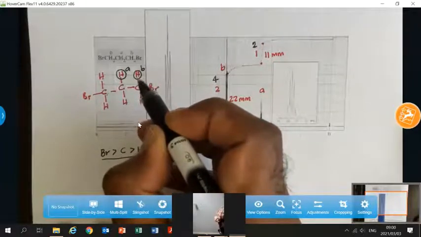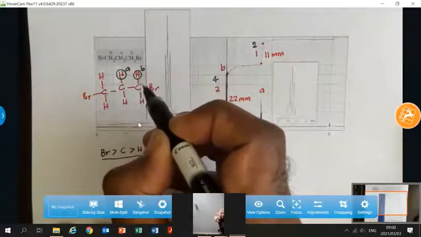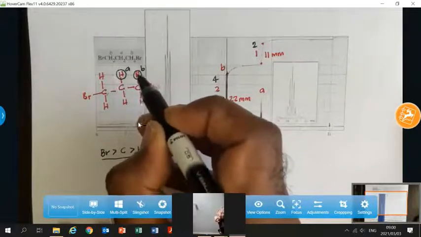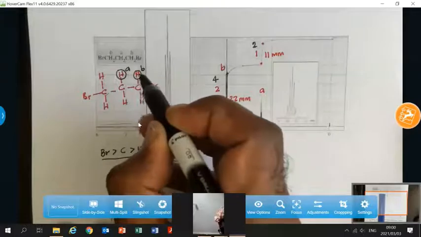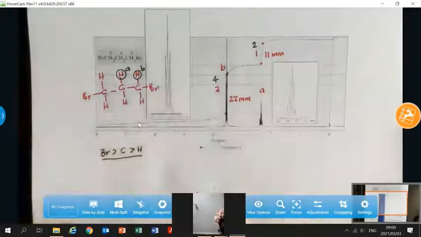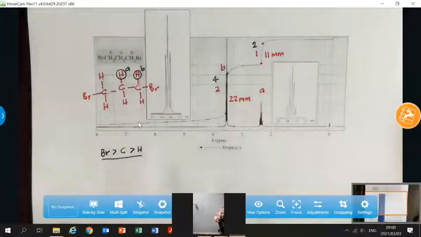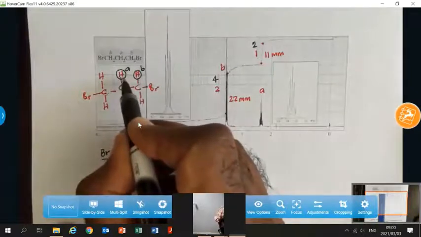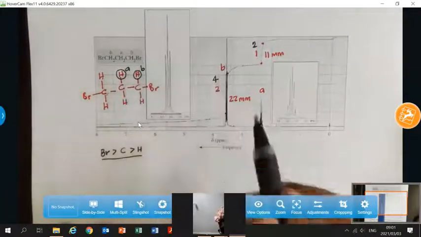So it will pull the electrons further away from this nucleus. And if it pulls the electrons further away, remember that this nucleus will experience a greater effective magnetic field, right? I told you what the effective magnetic field was on Monday, so have a look at that video if you didn't attend Monday's lecture. And this will have a lower effective magnetic field in comparison to B.